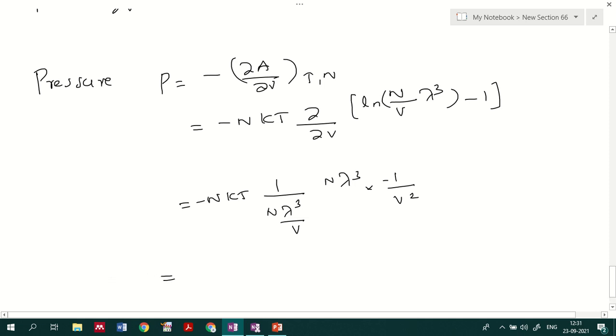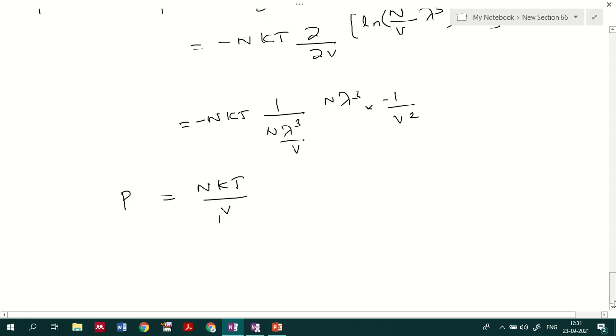So here Nλ³ and Nλ³ get cancelled, and what I will get is that P equals NkT by V. This V and V squared also get cancelled, so what remains is NkT by V. That is what I get for a classical ideal gas, which implies PV equals NkT, where k is the Boltzmann constant, N is the number of particles, T is the temperature, P is the pressure, and V is the volume.